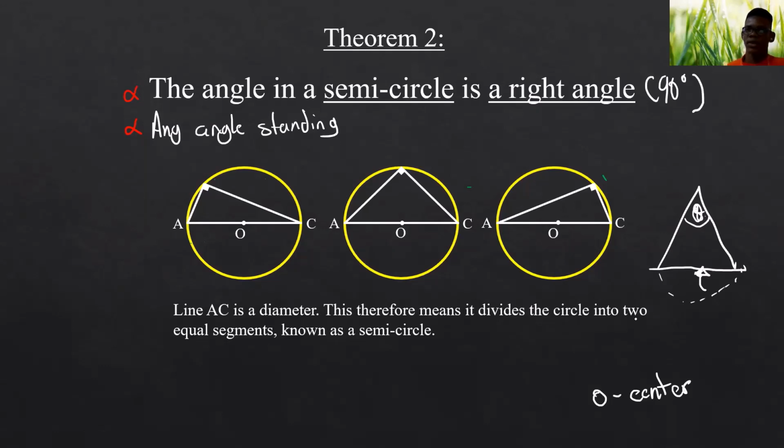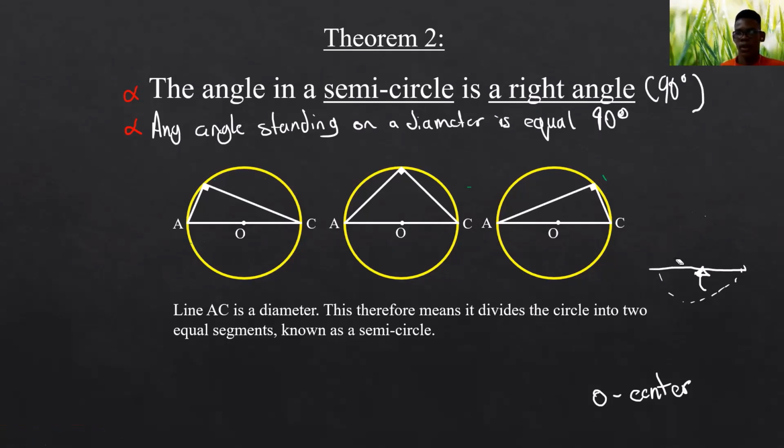That's the terminology we use. So any angle standing on a diameter is equal to 90 degrees, or it's a right angle.